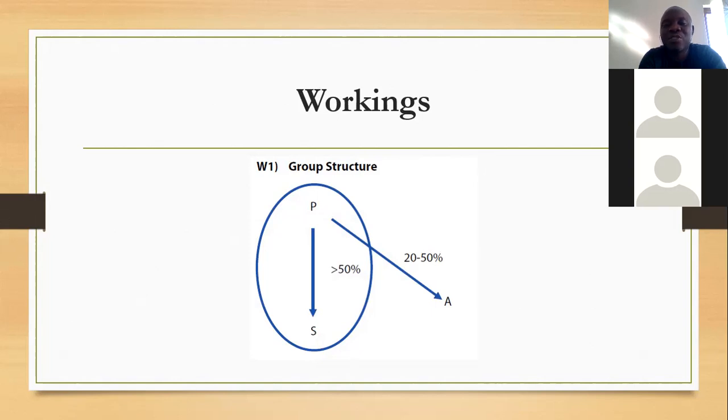What percentage did the parent company acquire? What percentage of shares did the parent company acquire from the subsidiary? In this same relationship, was there any component from the associates?